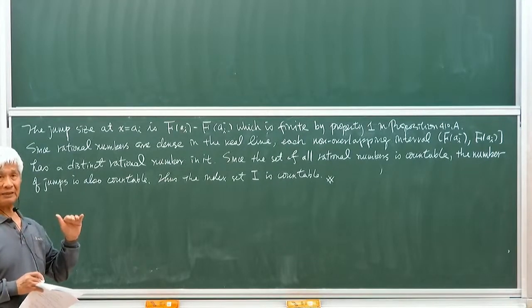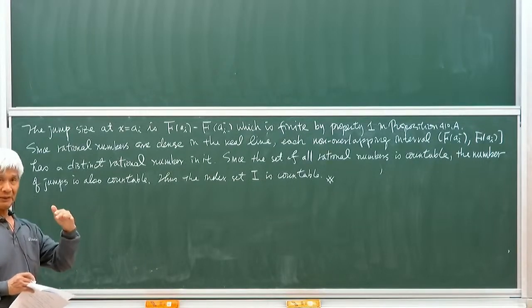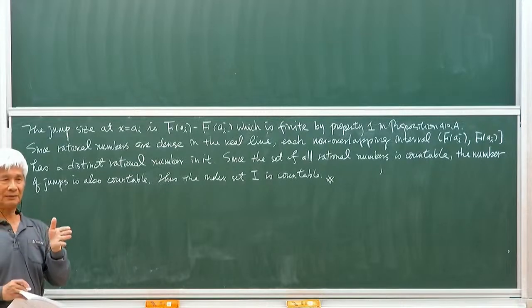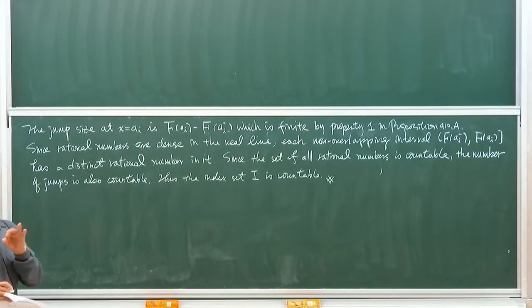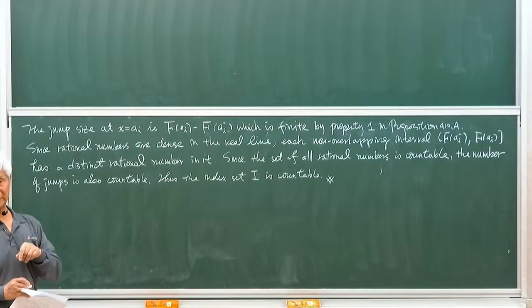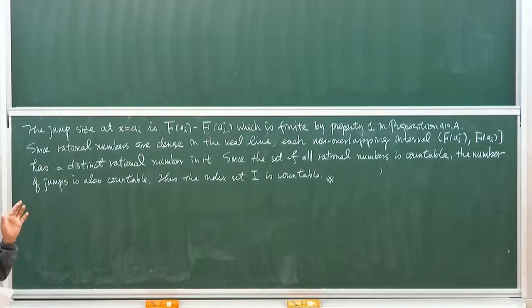When we define the probability mass function for a discrete random variable, of course, the PMF is 0 except at countably many points, and these points are the possible values of the discrete random variable.